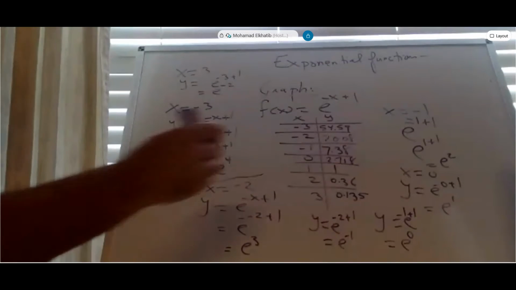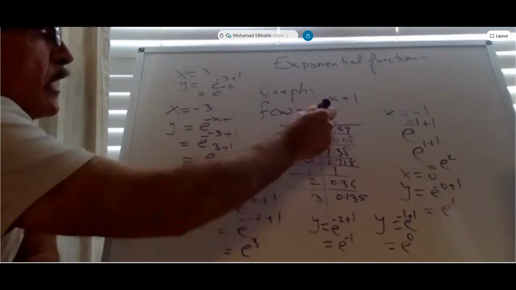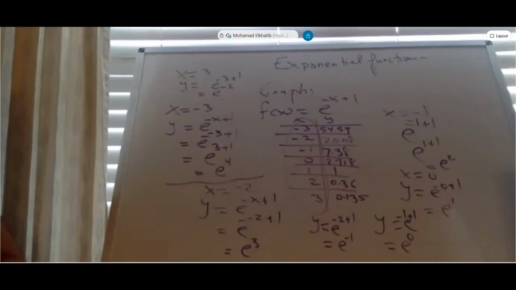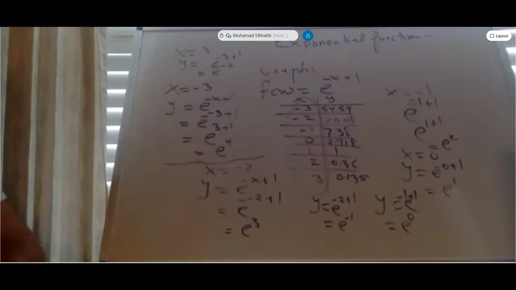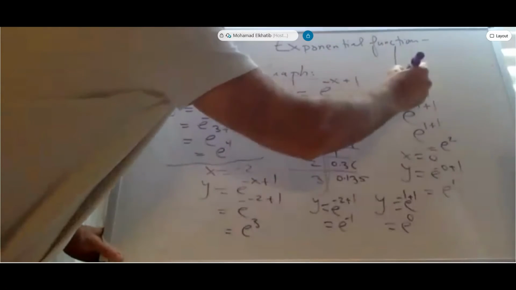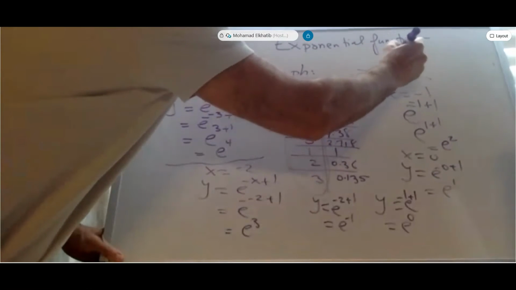Now you're ready. What happens when x goes up, class? What's happening to the y? Decreasing. So is that an increasing or decreasing function? Decreasing. When x is 0, what is y? 2.7. 2.7 is a little high here, right?